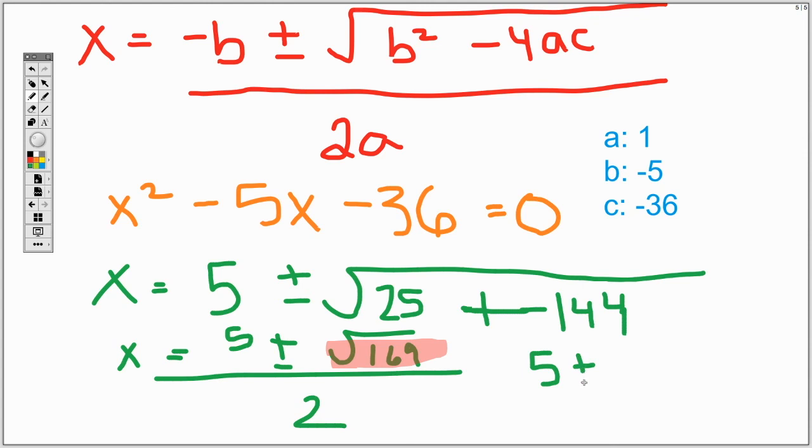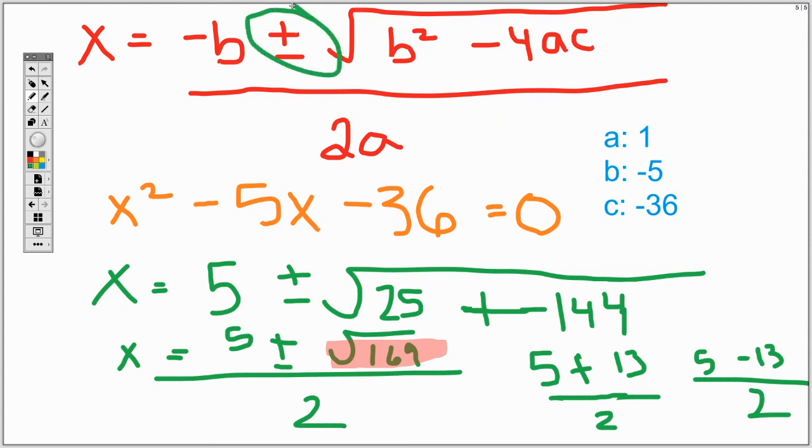So it'd be 5 plus minus 13 divided by 2. However, if you notice, it's plus minus, so we don't know which operation to do. What this means is that we have to do both operations. So there are two possibilities. In one, we would do 5 plus 13, and in the other one, we'd do 5 minus 13, divided by 2.